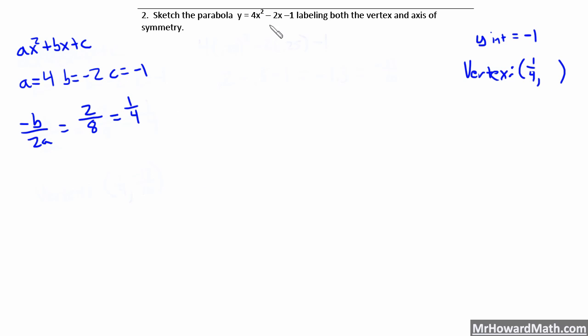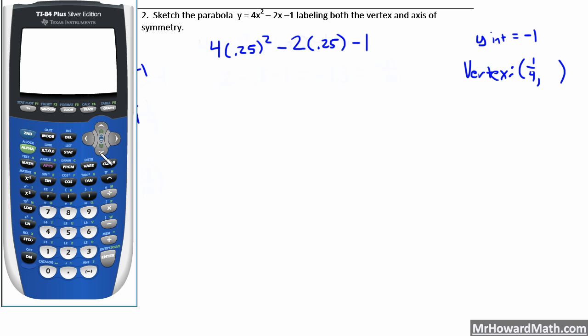So we're going to plug in 1/4 or 0.25 into this equation. 4 times 0.25 squared minus 2 times 0.25 minus 1. I'm just plugging in 0.25 everywhere I have an x, so it's easier to work with. Okay, I'm going to let my calculator crunch the numbers here, and that's perfectly okay, but I want to see you doing this on the test.